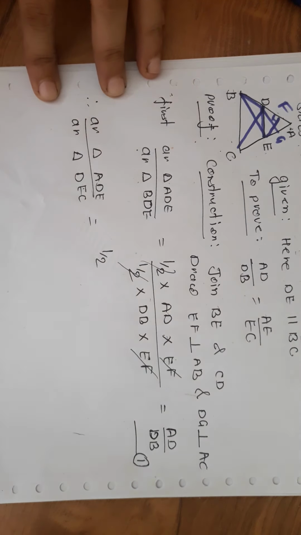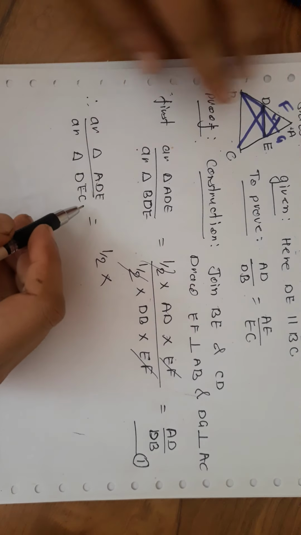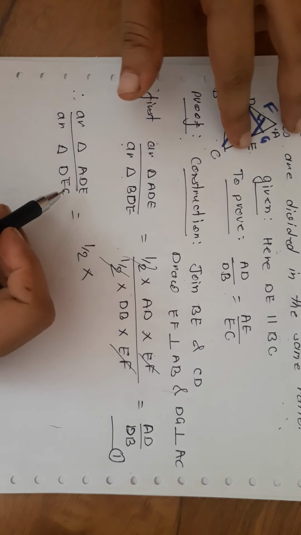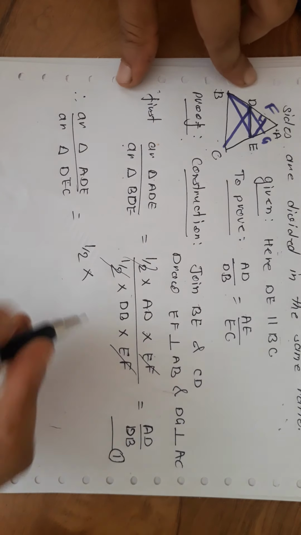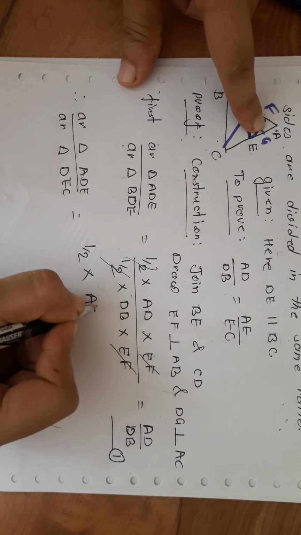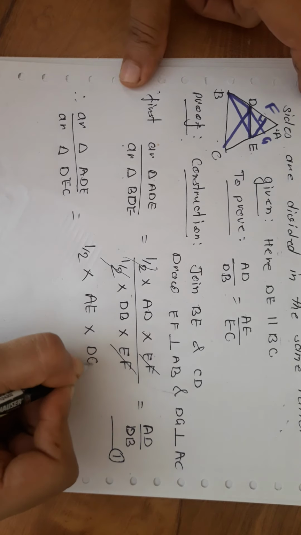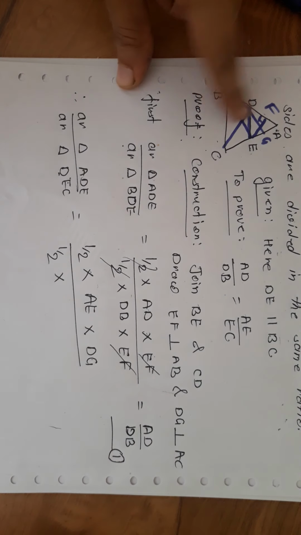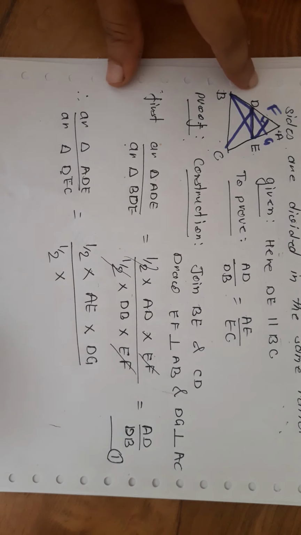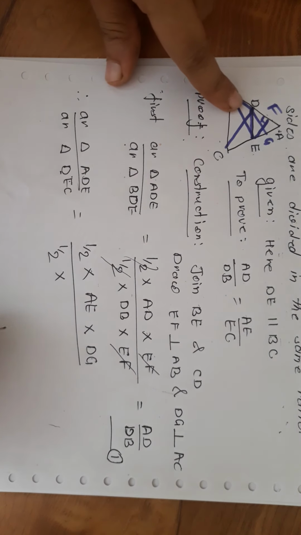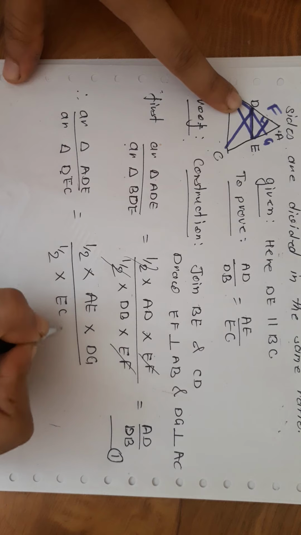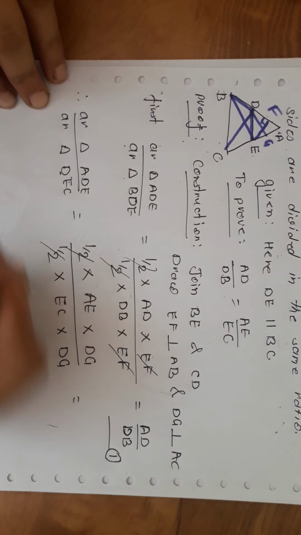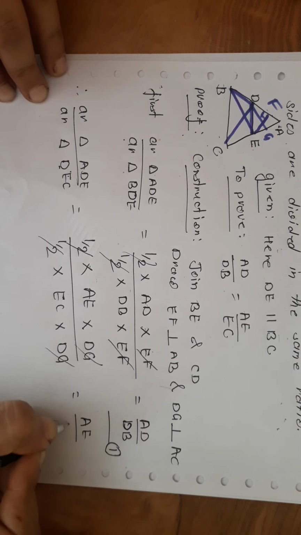For triangle ADE, we take the base as AE and the perpendicular is DG. Divided by triangle DEC, again it is an obtuse triangle, therefore its perpendicular lies outside the triangle. Its base is EC and the perpendicular is DG. So finally half and DG cancel, therefore AE upon EC.